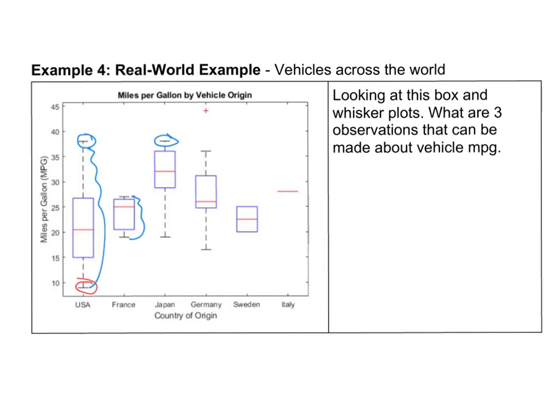We could look at the fact that over here in Sweden and Italy, let's talk about that next. So if we look at 3 of them here, well, why doesn't that have any legs? Well, that might cause a situation where it looks like our median might be like 22, something like that. And who knows? We don't know. There could be a couple cars that are all around 22. But what that might mean is if we go up here to this other car, 25, well, maybe we have a whole bunch of cars that are 25 as well.